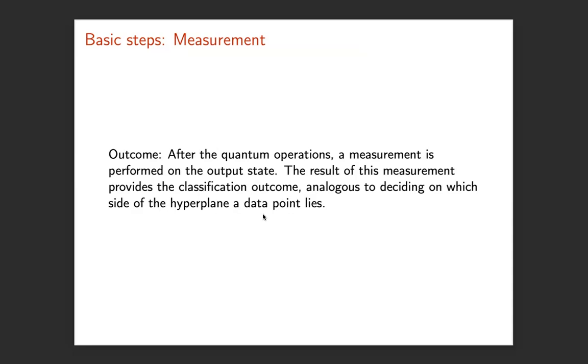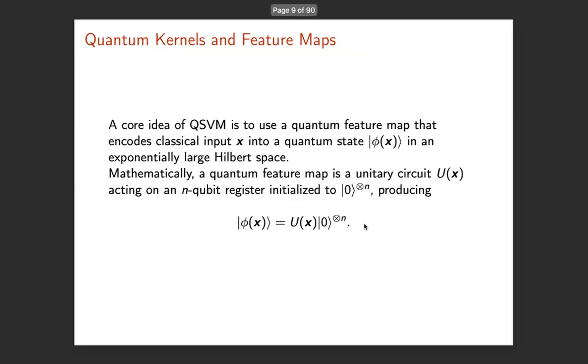After the quantum operations, we perform a measurement on the output state, and the result of this measurement provides the classification outcome, which is analogous to deciding on which side of the hyperplane a data point lies. So that means that a given state phi of x, as we discussed before the break, should correspond to a specific output y of i.